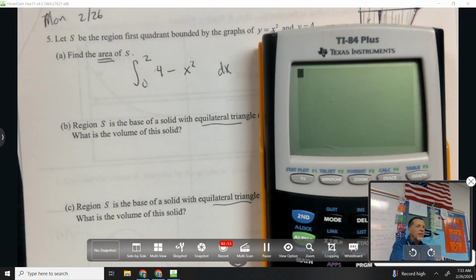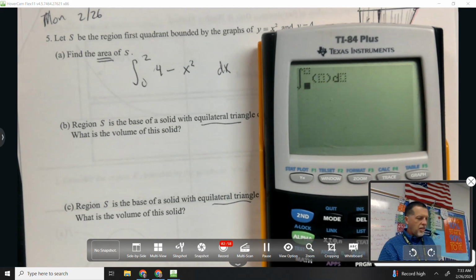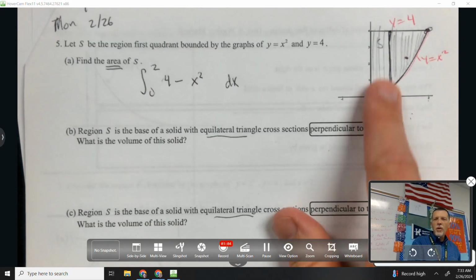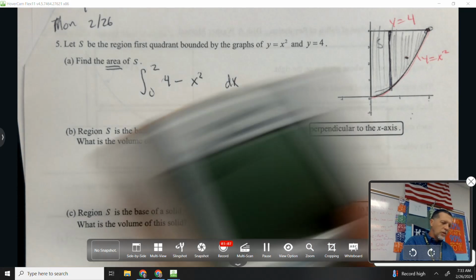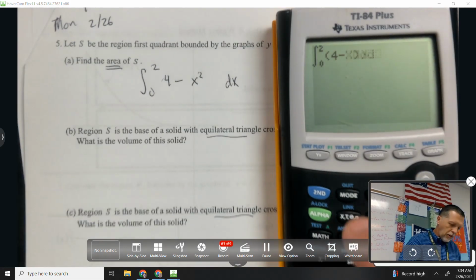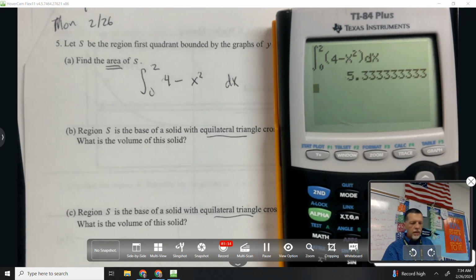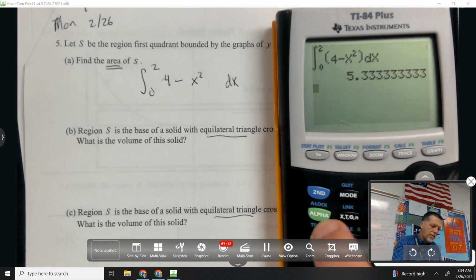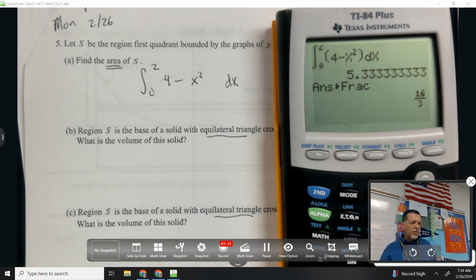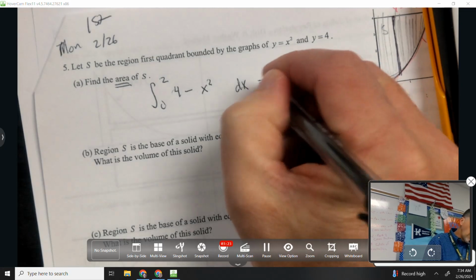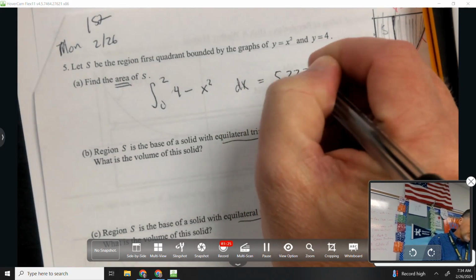What are the buttons I push to get to the integral stuff? Math 9. Our favorite combination of buttons. 0 to 2. Remember, I could have put this into y1 and y2, but this was a pretty simple one, so I'll just put it in right here. 4 minus x squared dx. That looks like I could Math Frac that and change it into a fraction, but if it's a calculator problem, a decimal answer is fine.